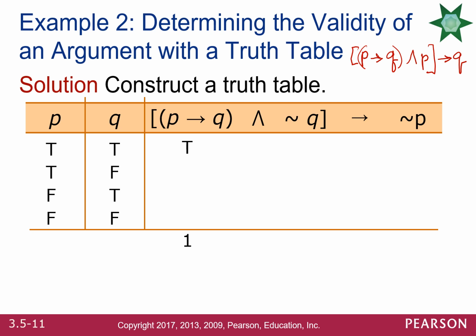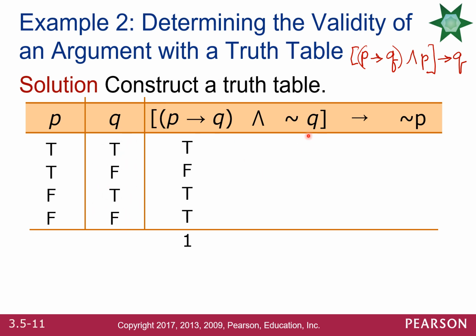If it's true false, it'll be a false. If it's false true, it'll be a true, and if it's false false, it'll be a true. So recall that in a conditional statement, if the if condition is true, but the then condition is false, that's the only time when the truth value is false. The second part of it, we are going to evaluate not Q, which is simple. We'll just have to reverse the true and false values over here.